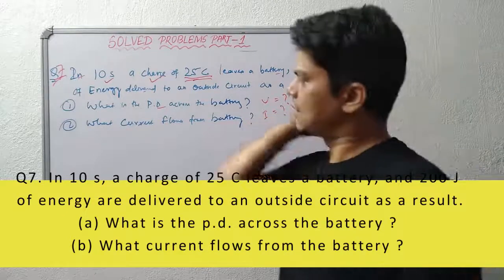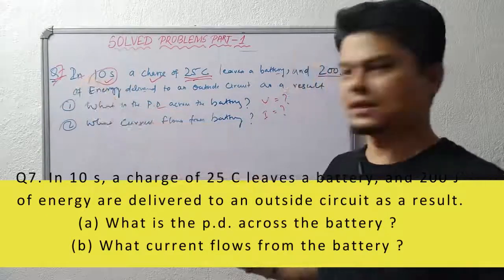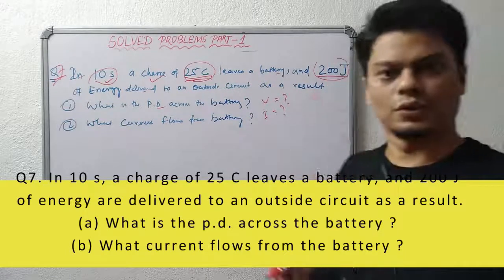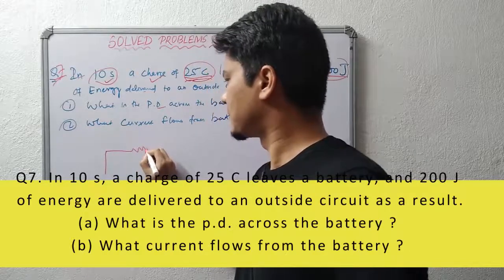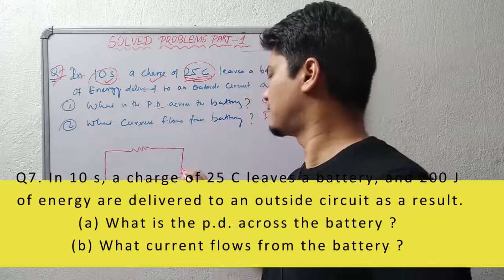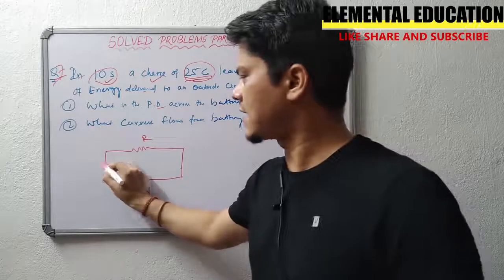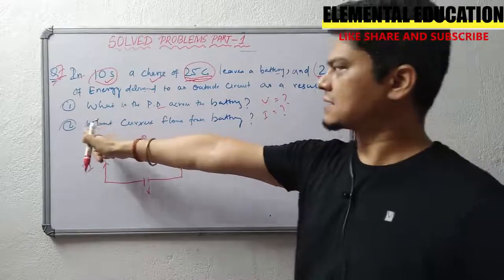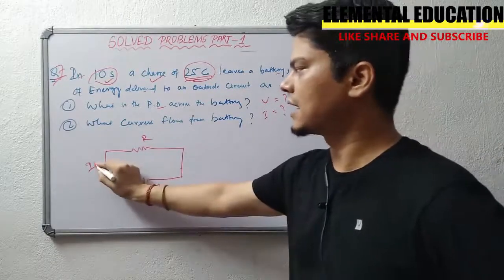So if you see, given are T, Q and W. For that we have to draw a circuit. Let's assume this is a circuit having a potential difference of V, this is R, this is I. Now, what has been asked? Potential difference V has been asked and current has been asked.